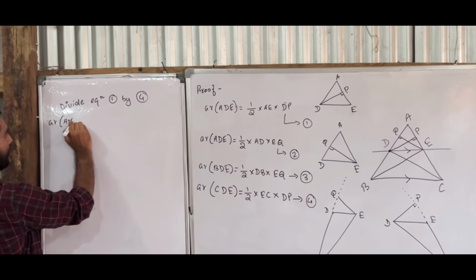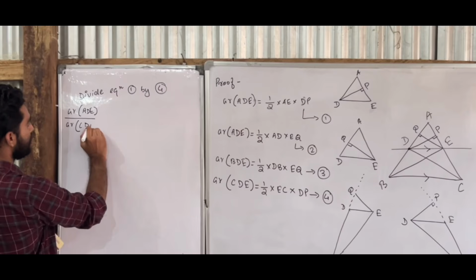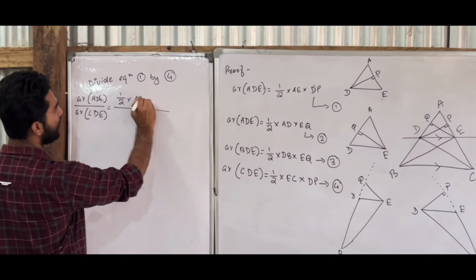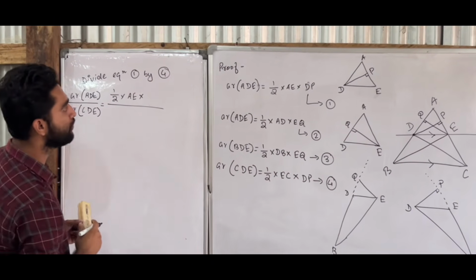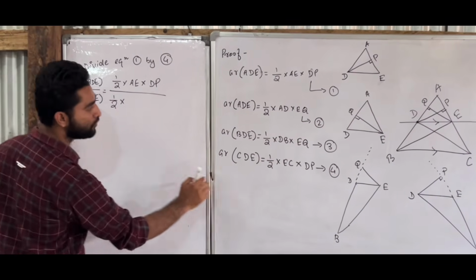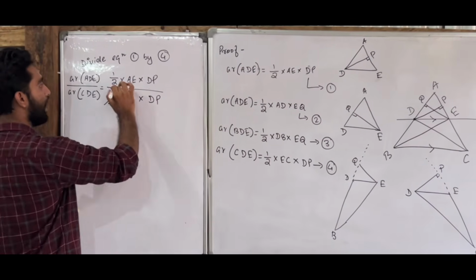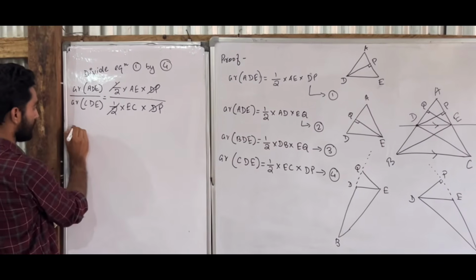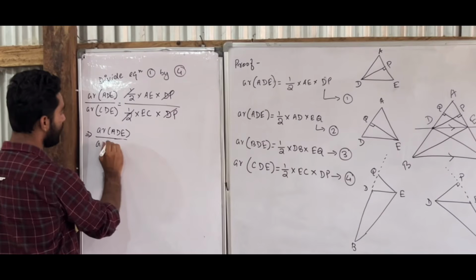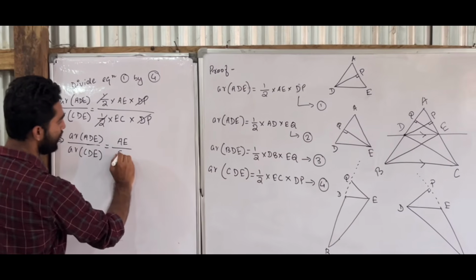Area of ADE divided by area of CDE is equal to half into AE into DP divided by half into EC into DP. Now half can cancel, DP can cancel. So what is left? Area of ADE divided by area of CDE is equal to AE divided by EC.